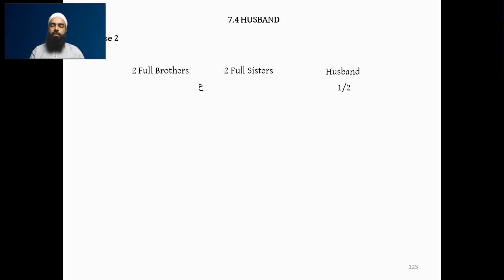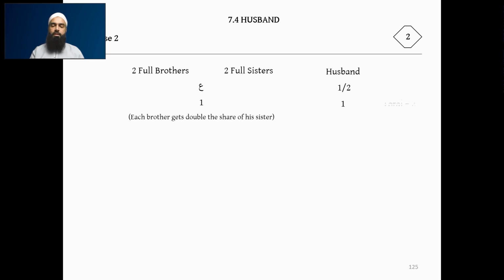Now we've only got one fraction, which is half, so we make the divisor from the denominator, which is 2. We give the husband his 1, and the remaining 1 goes to the 2 full brothers and 2 full sisters. Each brother gets double the share of his sister.